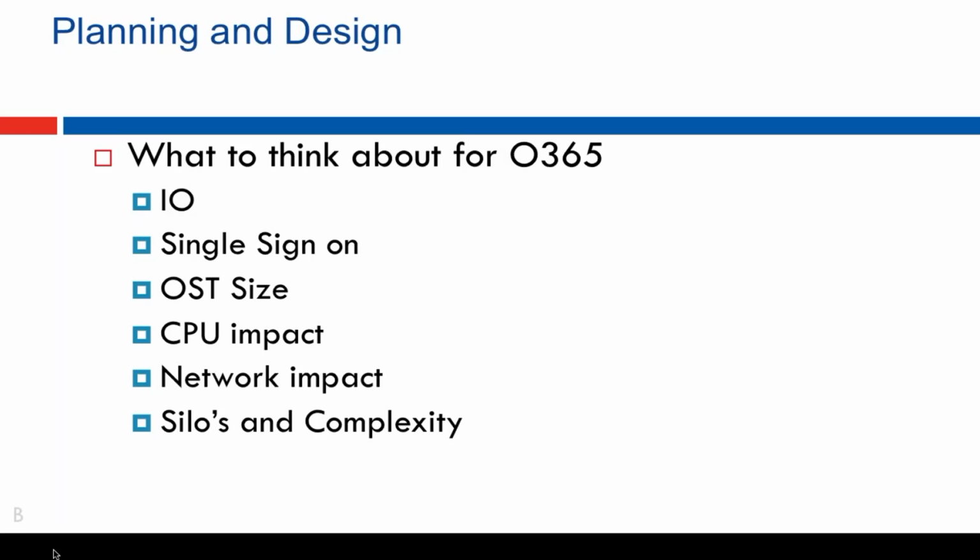How do we start to remove some of those silos and complexity? All these things impact how we're going to deploy this infrastructure. And the last thing that we just need to think about and touch lightly on is single sign-on. With Office 365, keep in the back of your mind that there's an entitlement process, and that entitlement process is not always tied to your current authentication schema.